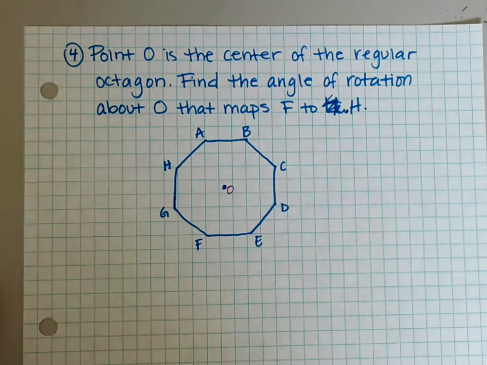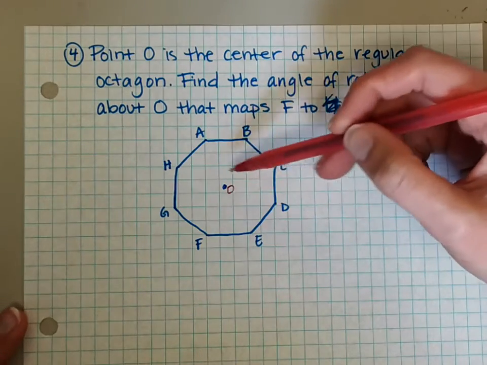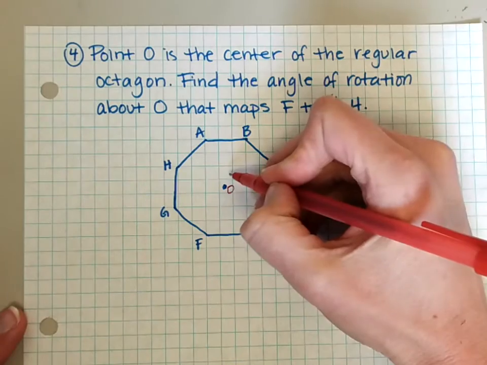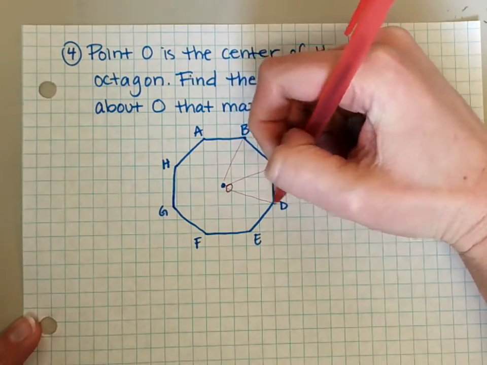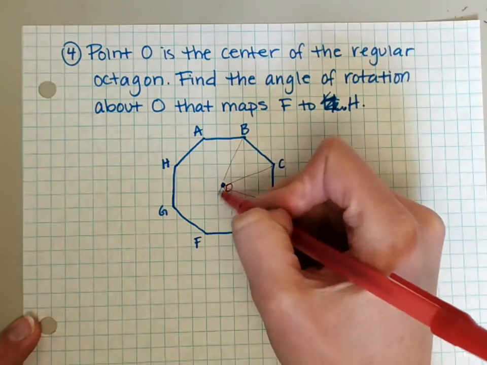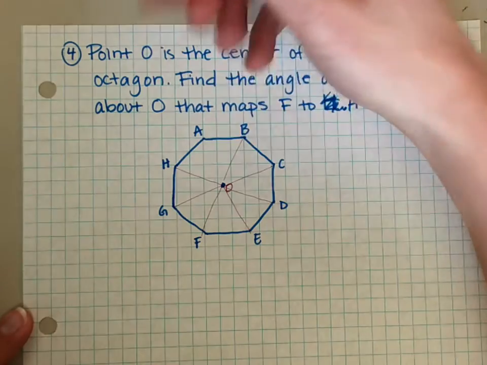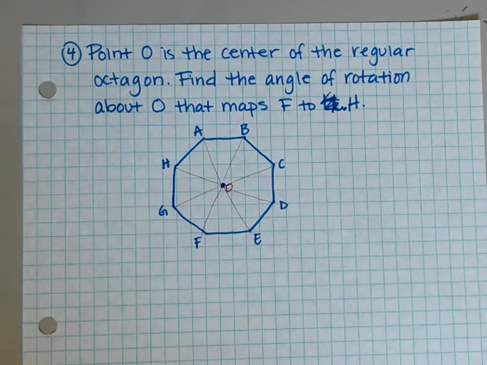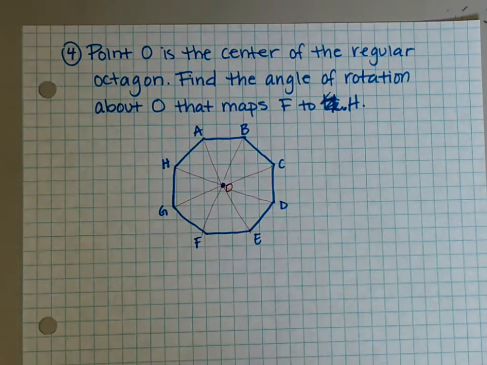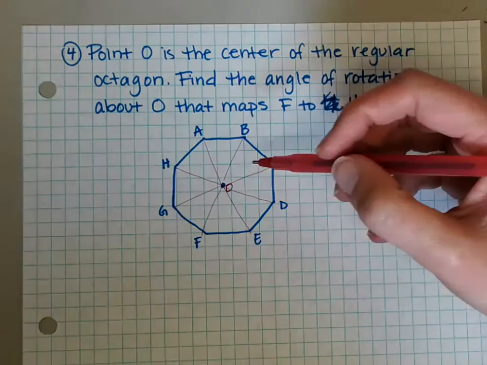In order for us to do this correctly, we need to remember that a circle adds to 360 degrees. So what I can do is I'm going to split this up into congruent wedges. And what that's going to do is it's going to help me figure out what's inside each of those wedges. What's the central angle of each of those?